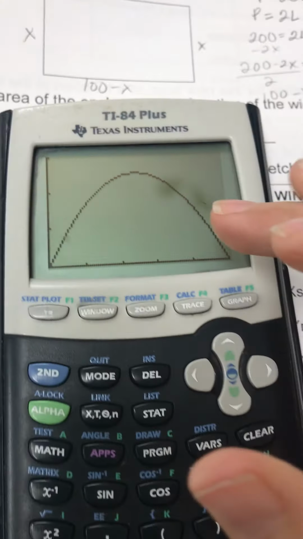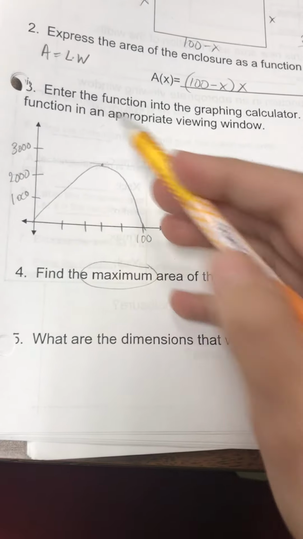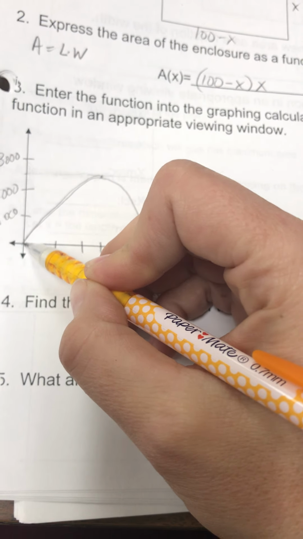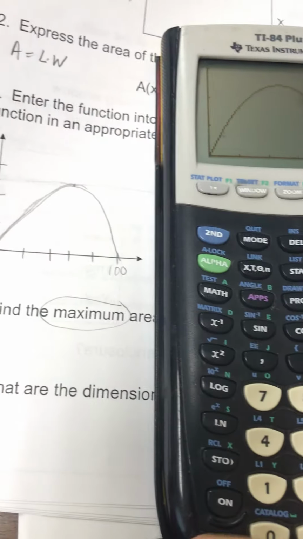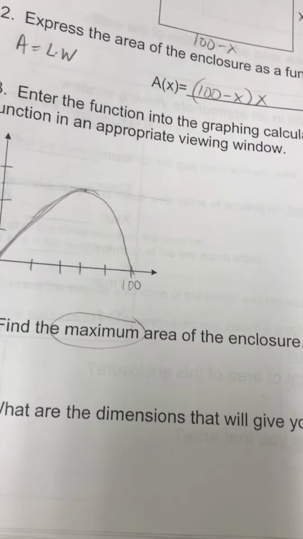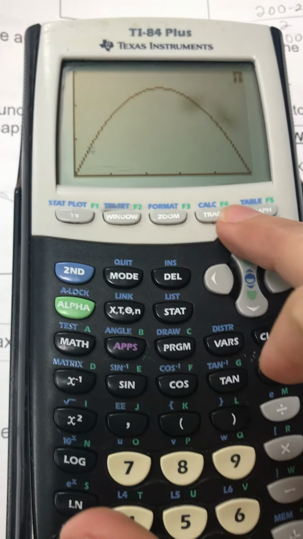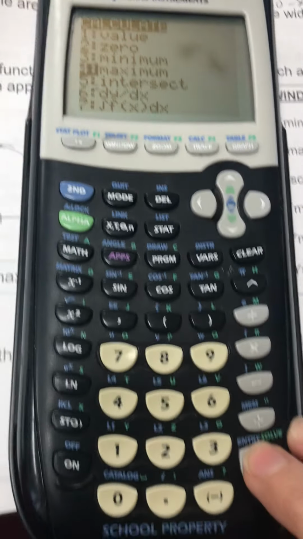All right, so now the next one says find the maximum area of the enclosure. This is the graph of the area. So if we want to find the maximum, you're going to use the maximum on your calculator. You're going to go to second, trace, you're going to go to maximum, and hit enter.